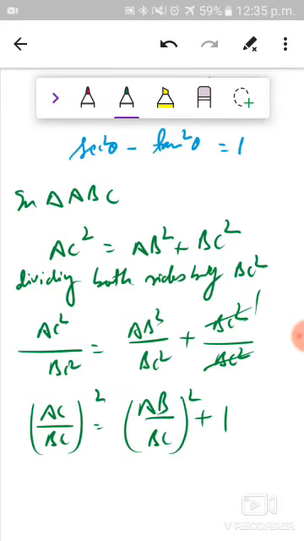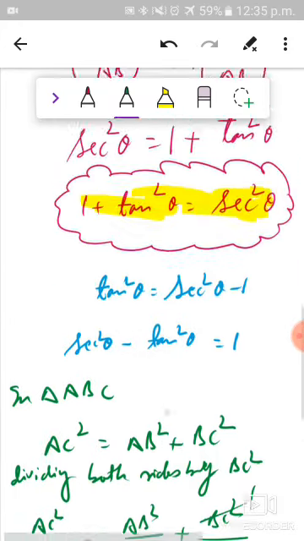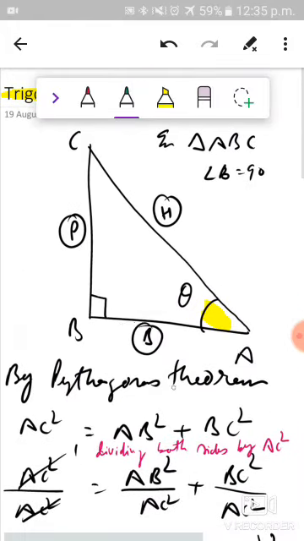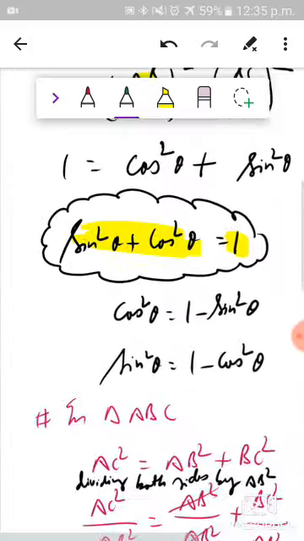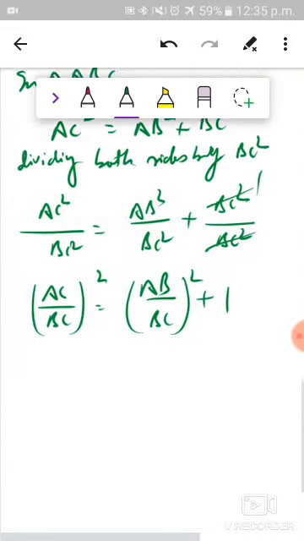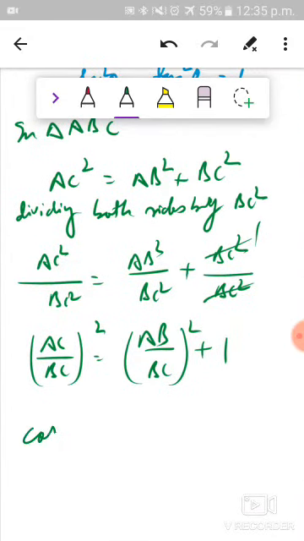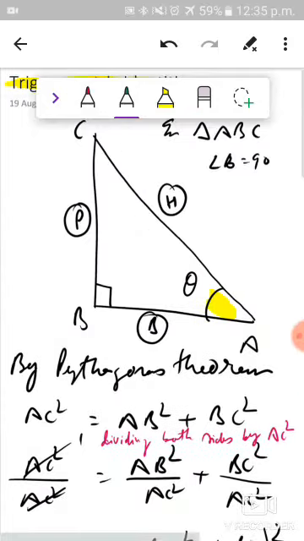Let us find out what AC by BC is. As you see, for angle theta, AC is the hypotenuse and BC is the perpendicular, and the ratio of hypotenuse and perpendicular is known as cosec theta. So we can write cosec square theta is equal to (AB by BC) square plus 1.